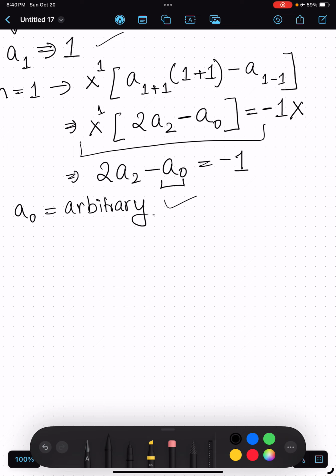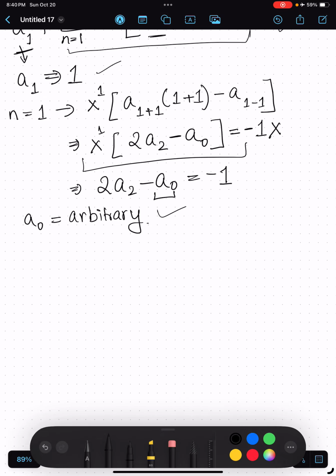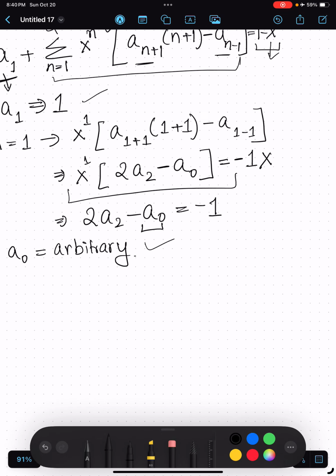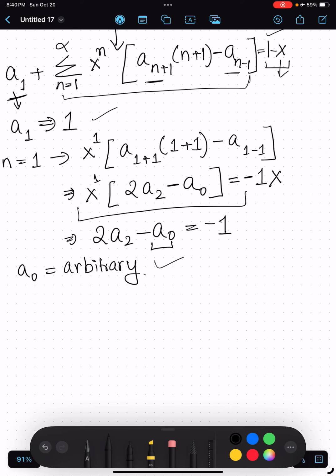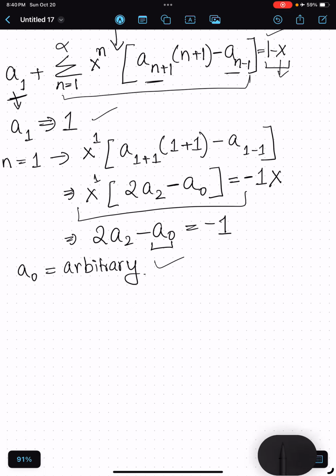Now, in our question, we were asked to generate a few terms of this. So let's go ahead and do the same thing. Let's plug in all the values of n and see what other expressions we get. We already have n equal to 1, so let's do n equal to 2.